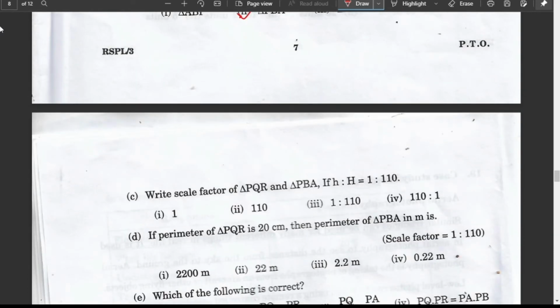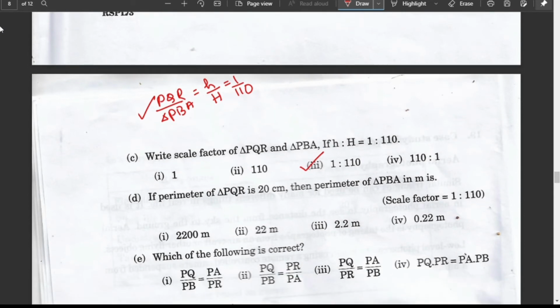Next, write the scale factor for PQR and PBA, if h by H. See, PQR is the small triangle, divided by PBA. We will take it h by H. So this will be 1 is to 110. Even for the triangles it will be 1 is to 110.